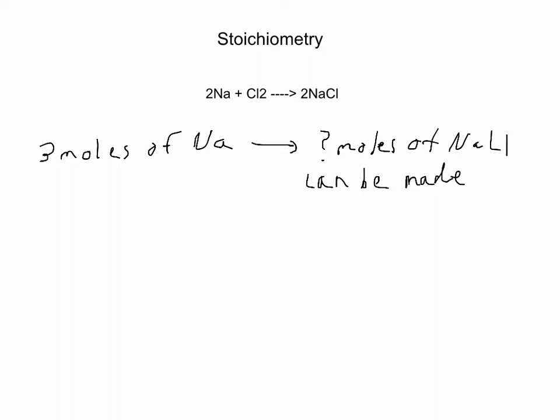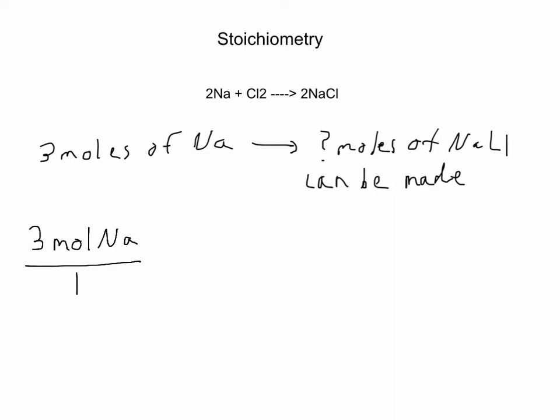So this is how we're going to use our molar ratios. Think of this as a conversion problem. We have to go from moles of sodium to moles of sodium chloride. So the first step, as always, is put the given over 1. So I'm given 3 moles of sodium.